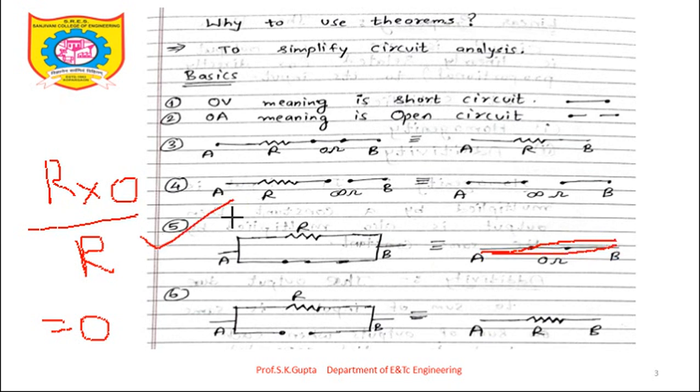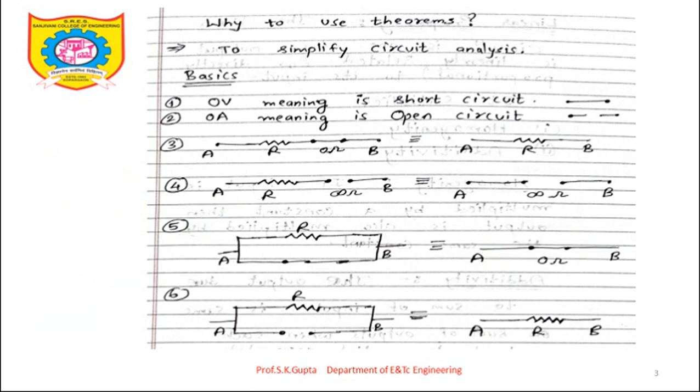So very important point, a resistance R in parallel with a short circuit is nothing but a short circuit, whatever the value of this resistance. Now last point, a resistance R in parallel with an open circuit. The resultant is resistance R only. Again it is an important point.